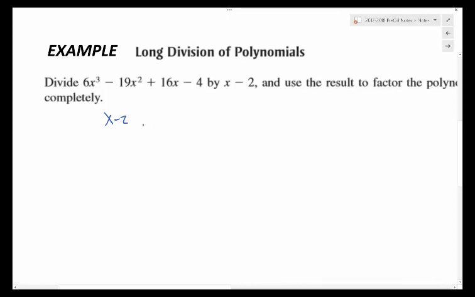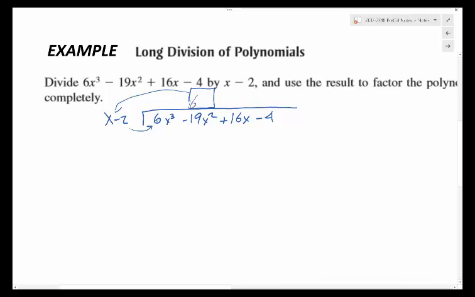So x minus 2 into 6x cubed minus 19x squared plus 16x minus 4. Now, what I want to do every step of the way is find and put up here some item, a combination of letters and numbers, that when multiplied by this will become exactly the first term.